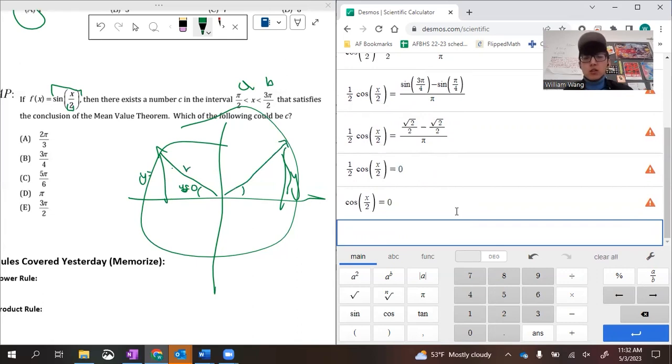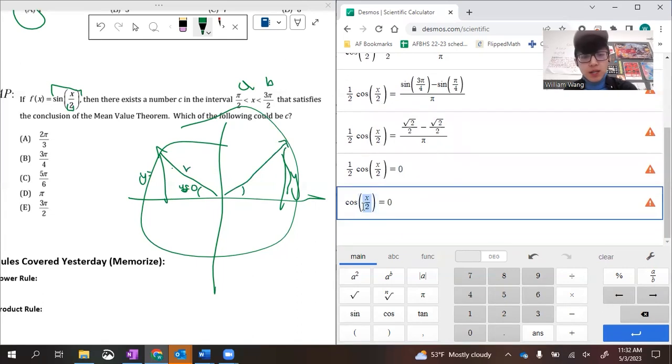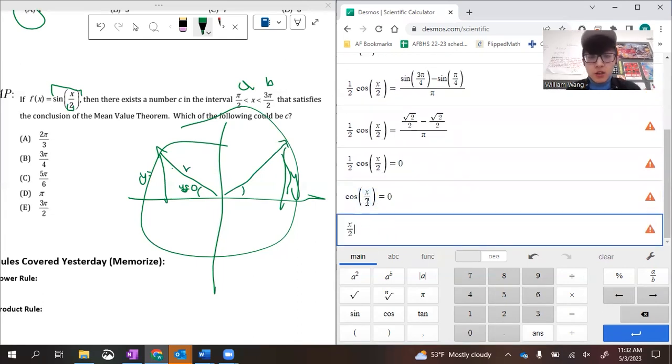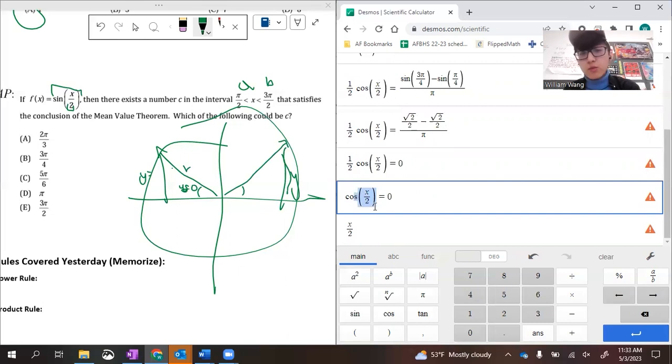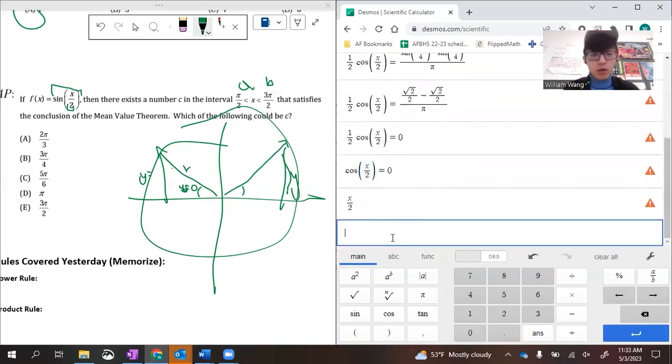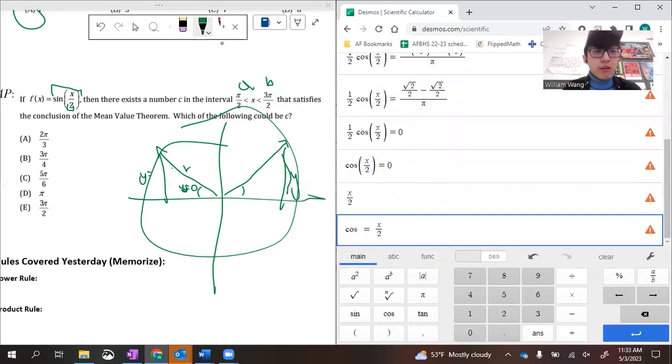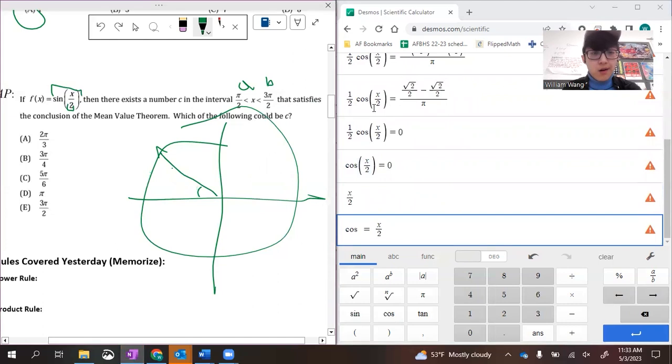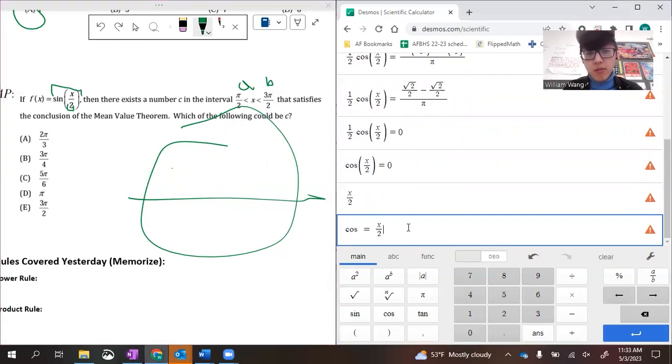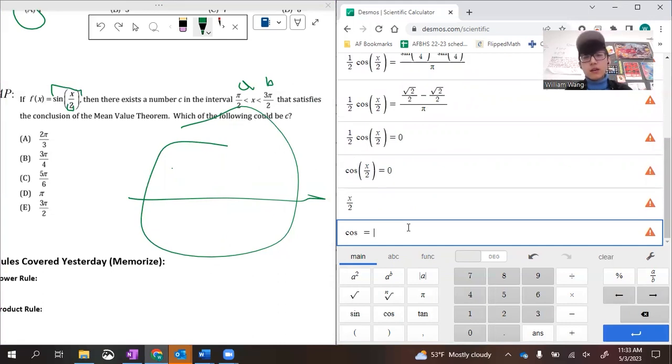Right? So cosine of something is equal to 0. Well, that means x over 2 has a few possibilities, right? Because the question is, when does cosine equal 0? Well, remember, cosine is equal to x over r. So if I were to draw a unit circle, I want to make this equal to 0.